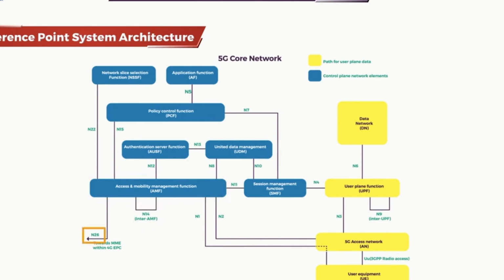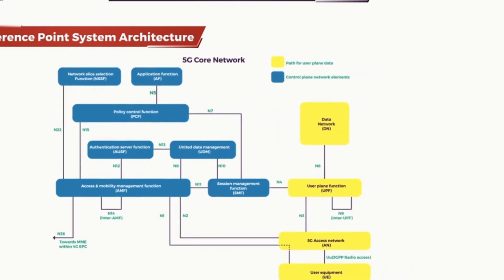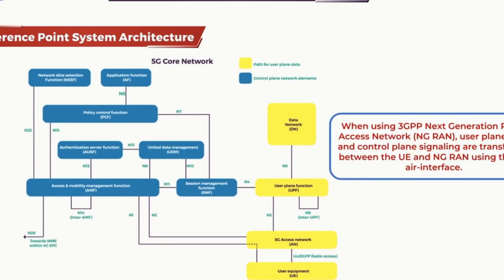The N26 reference point can be used to connect an AMF within the 5G core network with a mobility management entity within the 4G evolved packet core. This reference point is used for interworking between 4G and 5G, for example, inter-system handovers. When using the 3GPP Next Generation Radio Access Network, NG-RAN, user plane data and control plane signaling are transferred between the UE and NG-RAN using the Uu air interface.